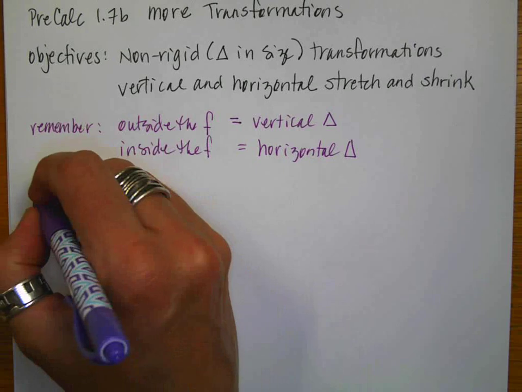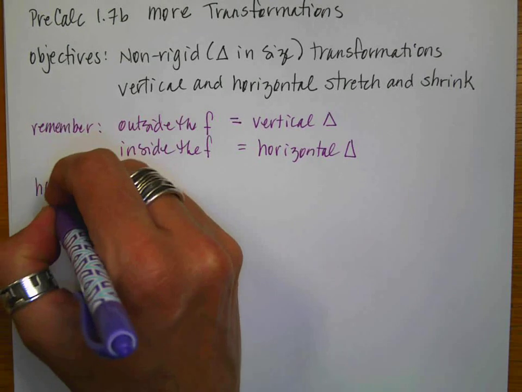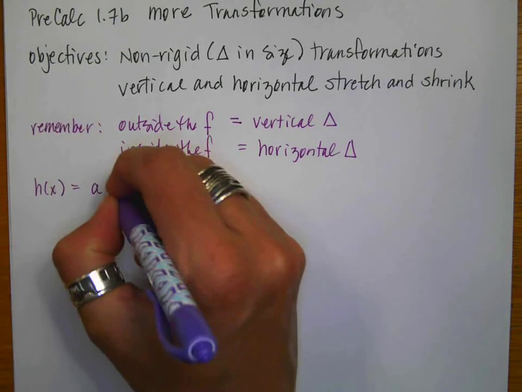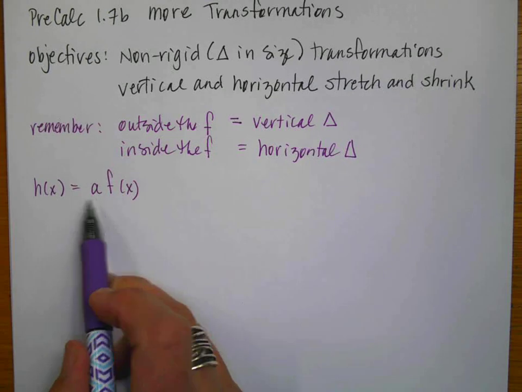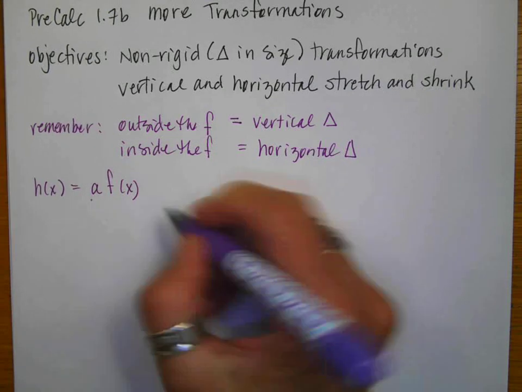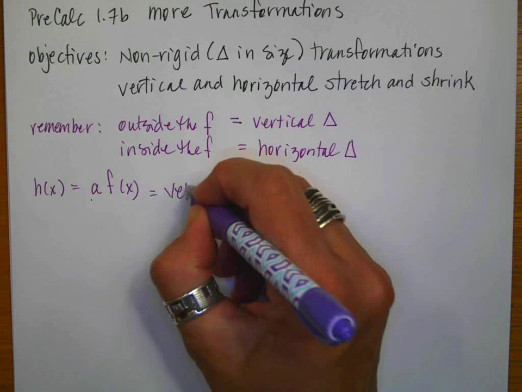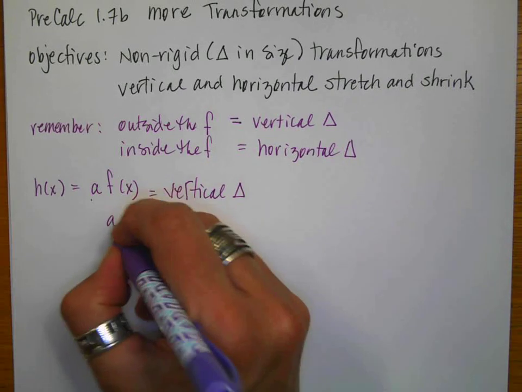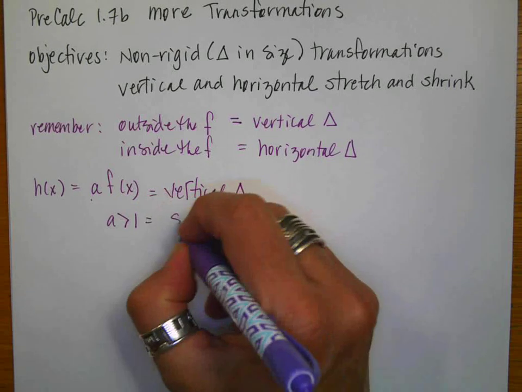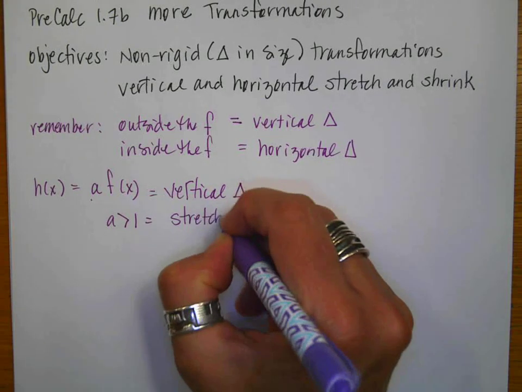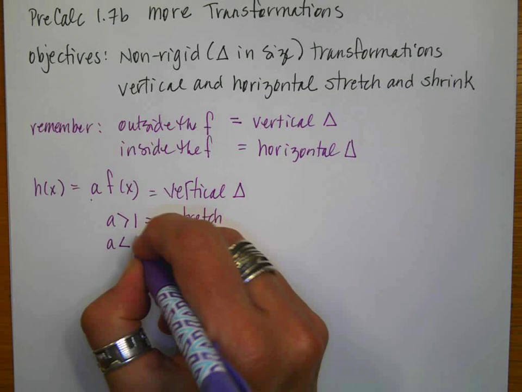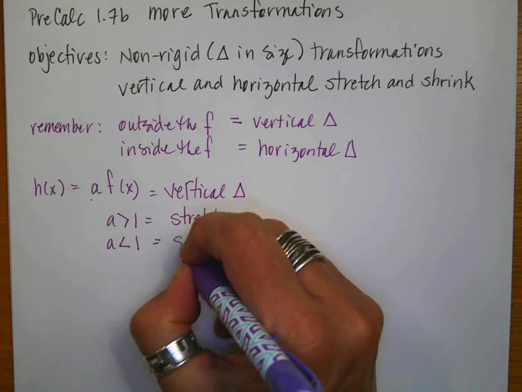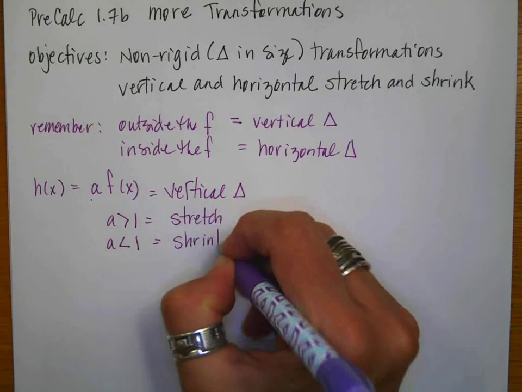So let's say I have a function h of x, and it's going to be a times f of x. Notice it's outside the function, which means this is a vertical change. And if a is greater than 1, then this is a vertical stretch. And if a is less than 1, that means that it is a vertical shrink.